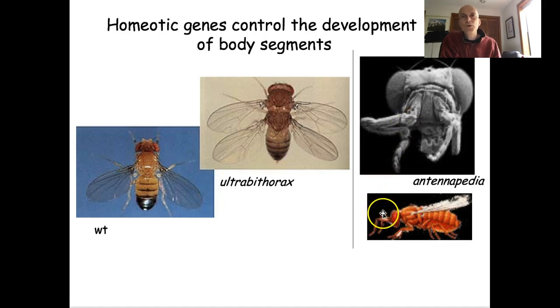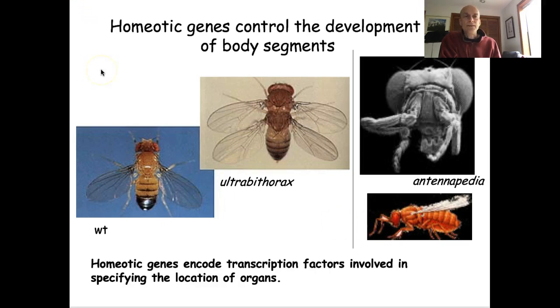I wanted to show you this one, which is also controlled by a homeotic gene called antennapedia, because it turns antennae into legs. These are legs that are sprouting out of a place where there should be antennae. So this is a body segment that has been misplaced at the very frontal part of the animal here.